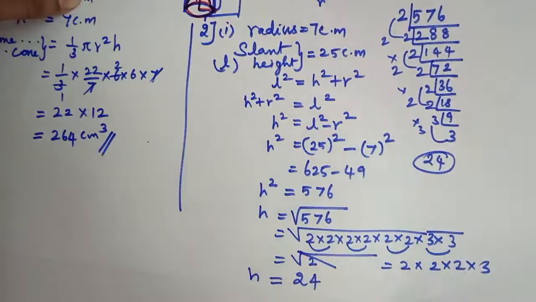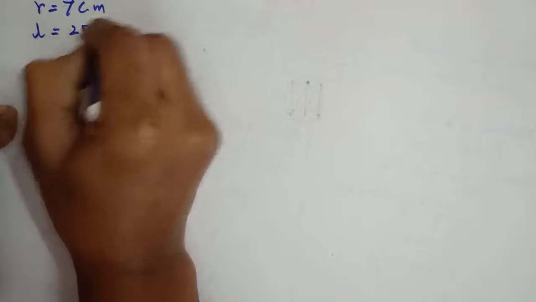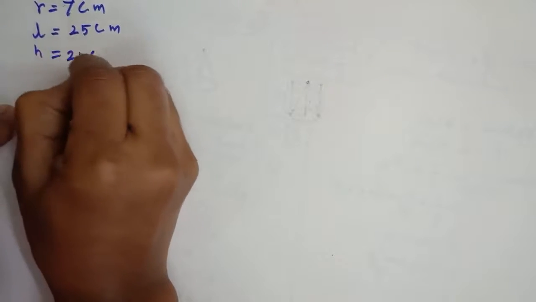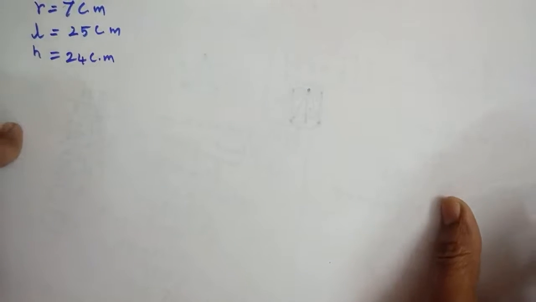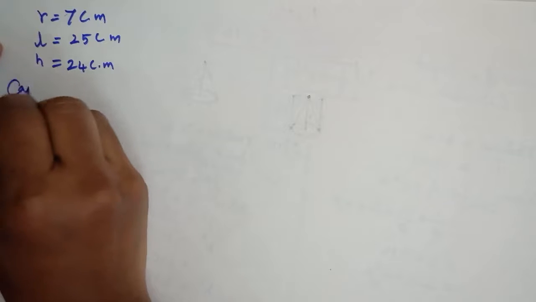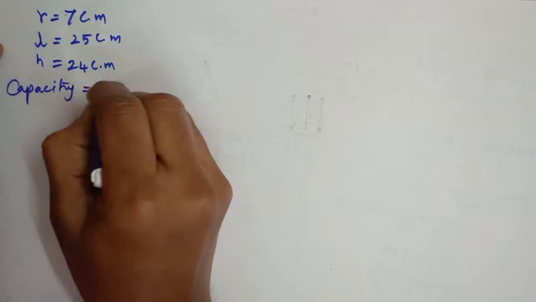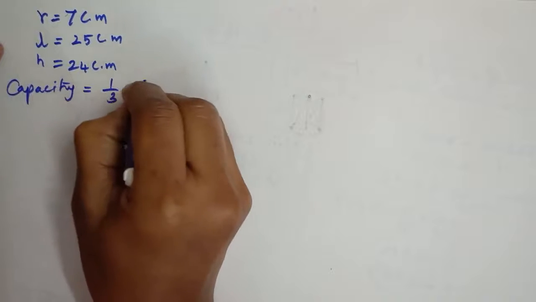Good. Then listen, students, here r equals 7 centimeter, slant height L equals 25 centimeter and h is equal to 24 centimeter. Now we have to find the capacity. What is the formula for the capacity of the cone? That is 1 by 3 pi r squared h.